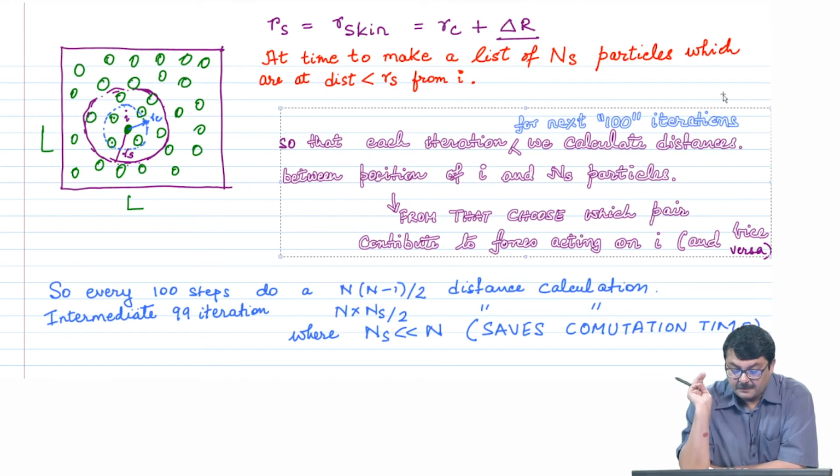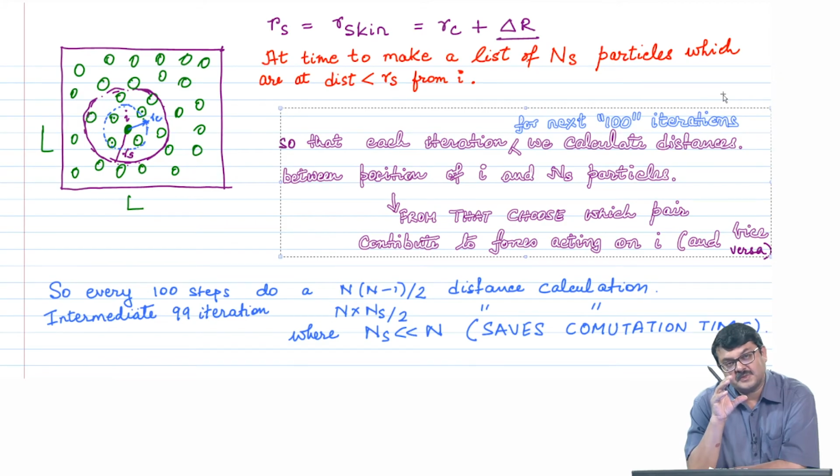So basically, from a larger list of n particles, for each particle i, where i runs from 1 to n, you draw a circle which is larger than R c and make a list of particles with which it could interact in the next few iterations.